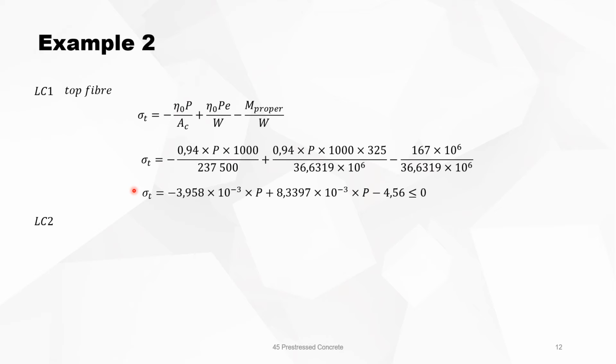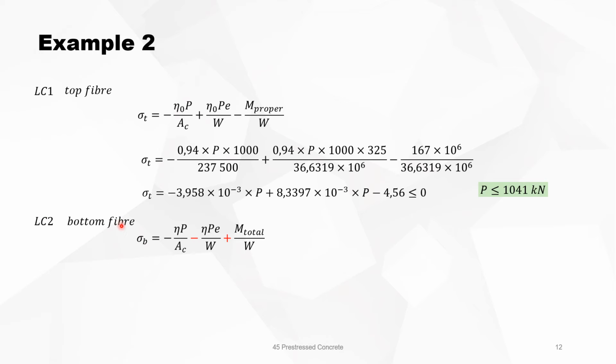That was the goal, so it means that it must be negative, so it must be smaller than 0, and this gives you a value for P. That means that the pre-stressing force must be smaller than 1041 kilonewton. If this is bigger than 1041, the top fiber will be under tensile stress.